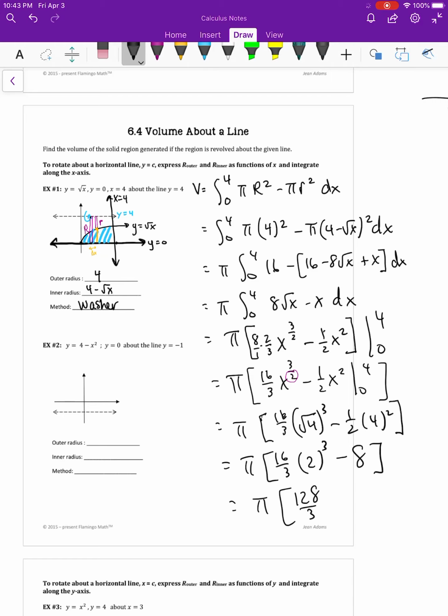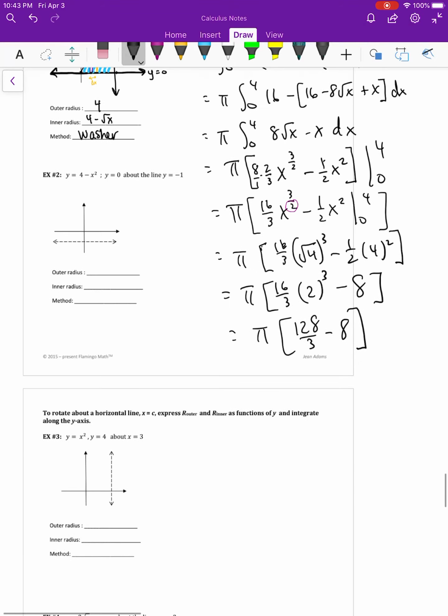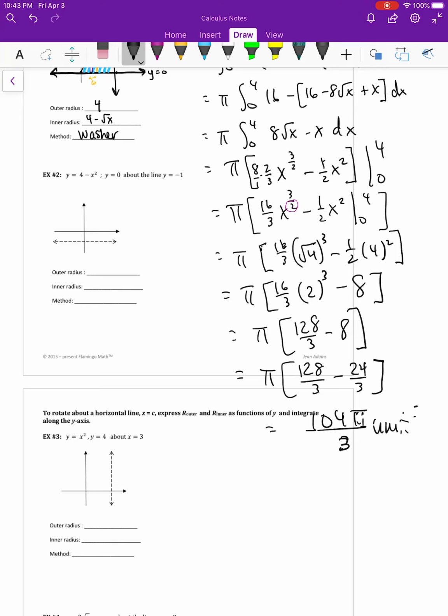That's going to give me 128 over 3 minus 8. And this will give me 128 over 3 minus 24 thirds, 104 pi over 3 units cubed.